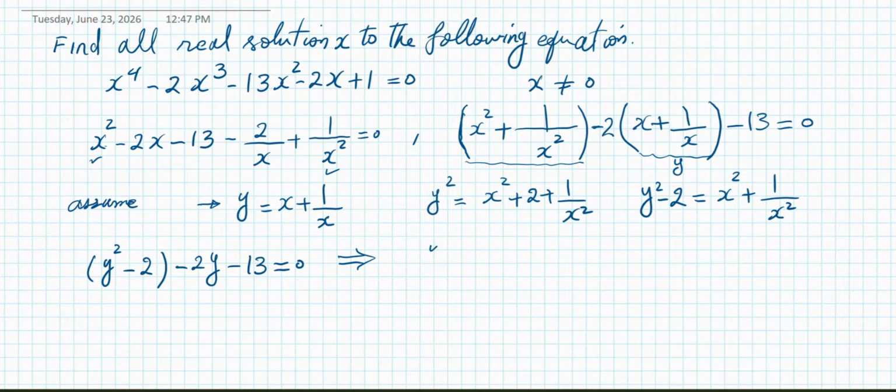Simplifying this equation, we get y squared minus 2y minus 15 equal to 0.